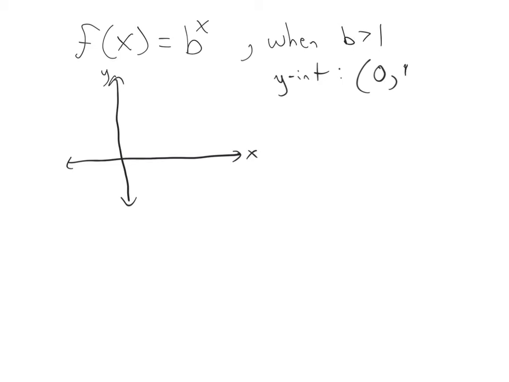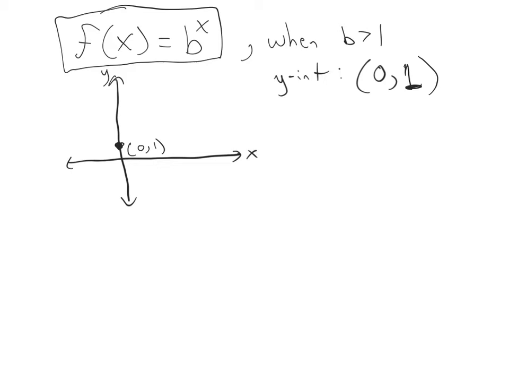That person in the back is just tearing it up, answering all these questions. Good. It's 1. So regardless of what number you choose for b, you're going to get the output, the height, of 1. So this is the point (0, 1). So our y-intercept is always going to be (0, 1) when we have this basic exponential function right here.